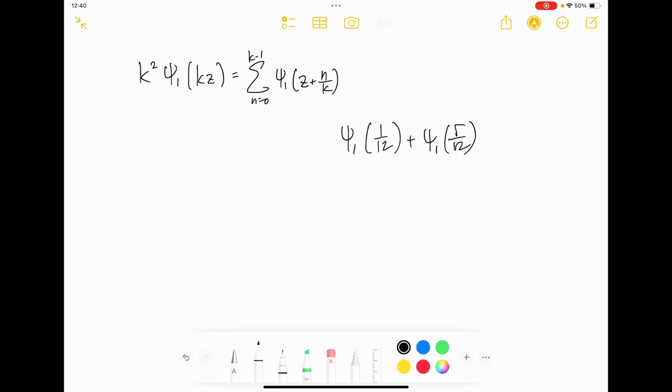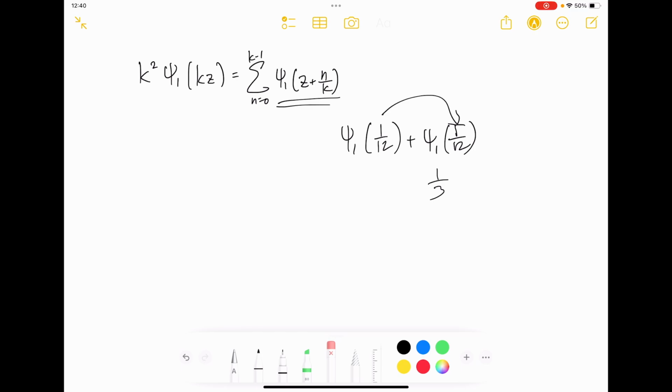And if you look at this term right here, you'll see that z is just something we can set as whatever we want, but n over k is kind of the incremental value between these two terms. And these two terms have a difference of, I think it's a third. I can't do maths. Wow. Yeah, so 4/12, which is a third.